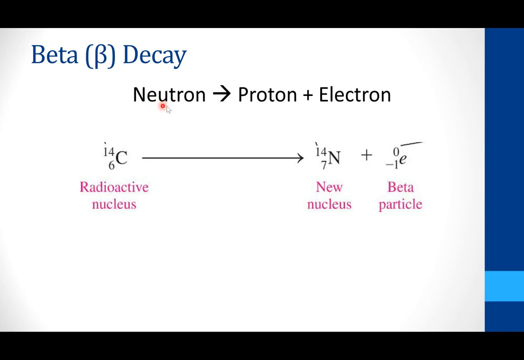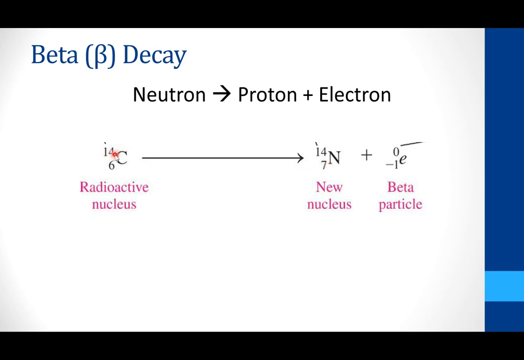If a neutron becomes a proton, what's going to happen to the atomic number here? We had 6 protons. Now we're going to have another one, right? We just formed a new proton. So that atomic number is actually going to go up by 1. So the new isotope is going to have 7 protons.